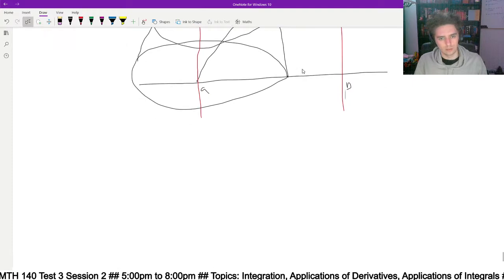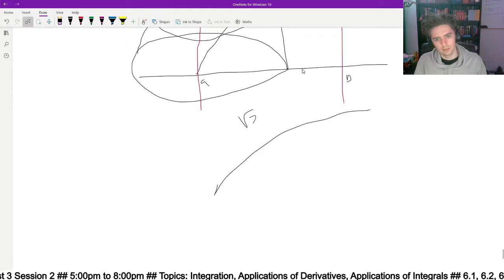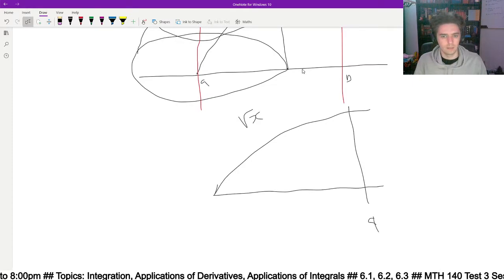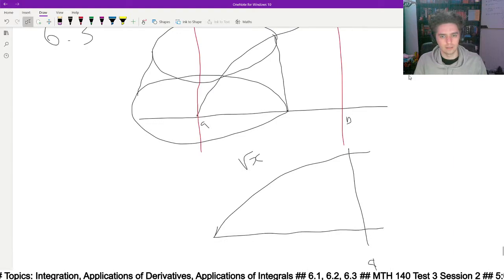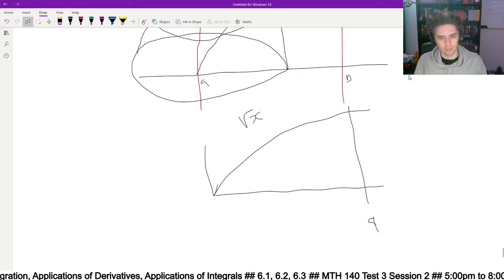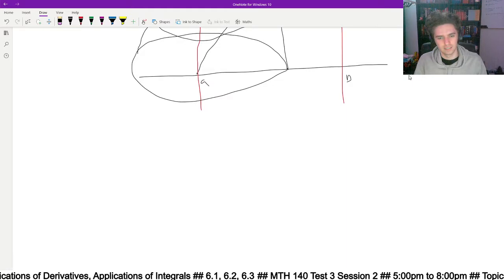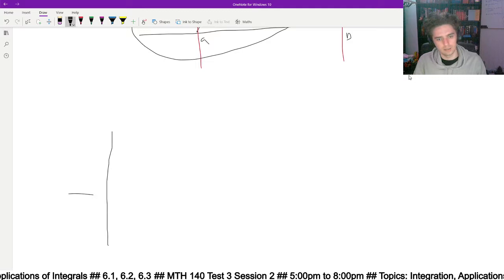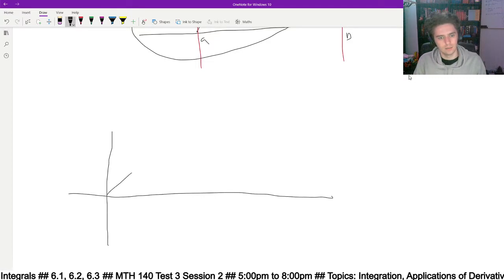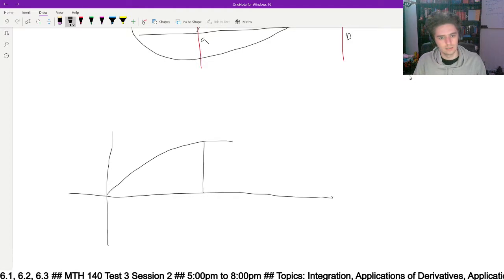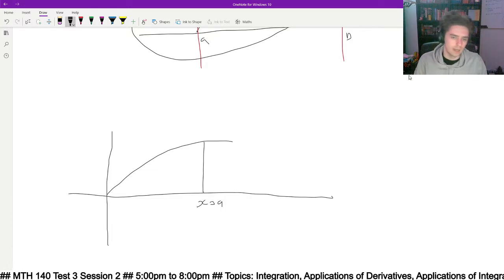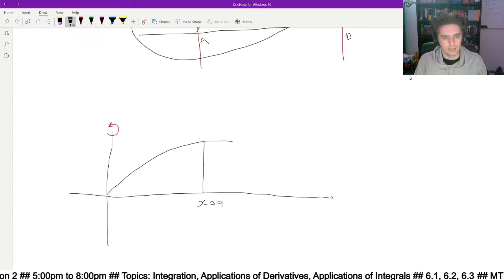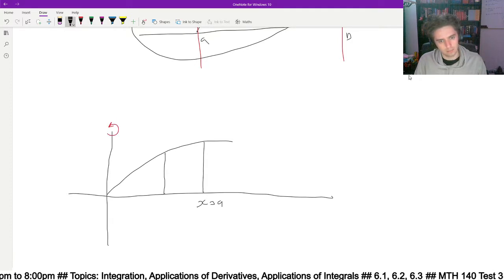So let's try that. So if I have root x, and I'm going to 9, and I'm revolving around, let me try to draw this better. So if I have my y-axis and my x-axis, I have root x to x equals 9, and I'm revolving around the y-axis, then I can take just the cylindrical shell at this point here.